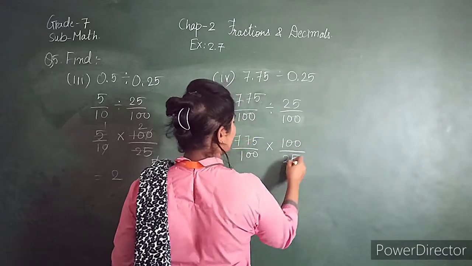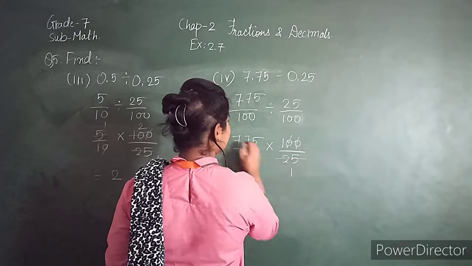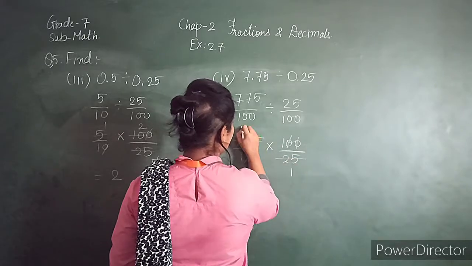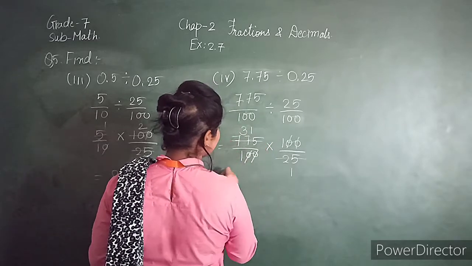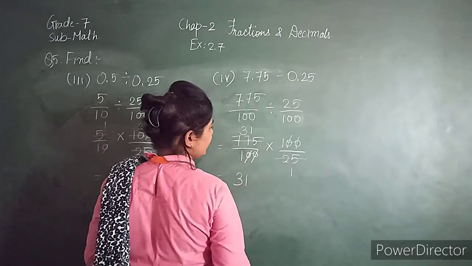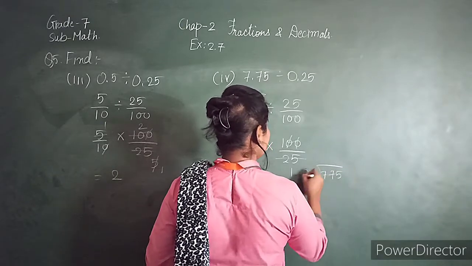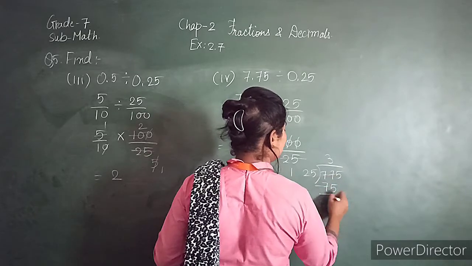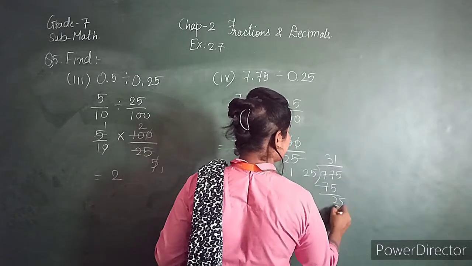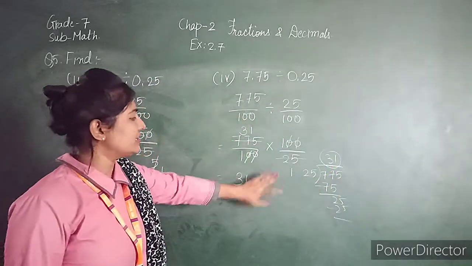So it is 100 upon 25. 100 cut, 25 ones are here, 25 3s are 75, and 25 ones, so our answer is 31. And if you don't know this, then divide 775 by 25: 3 times is 75, here 12 5, so 25 ones is 25. So the answer is 31.